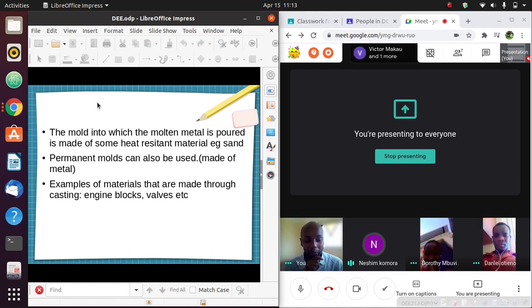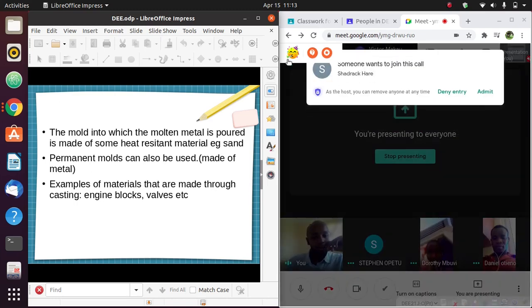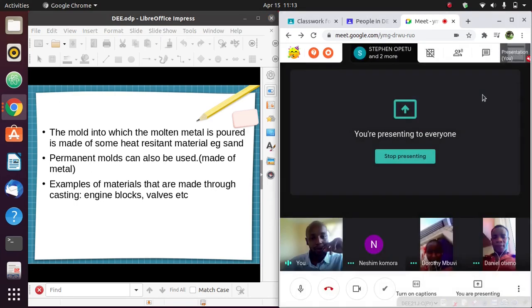Is there any question up to that point? Now, if there is no question, then I'll play a very small clip so that we can see how sand casting, making final products from molten materials, is done.